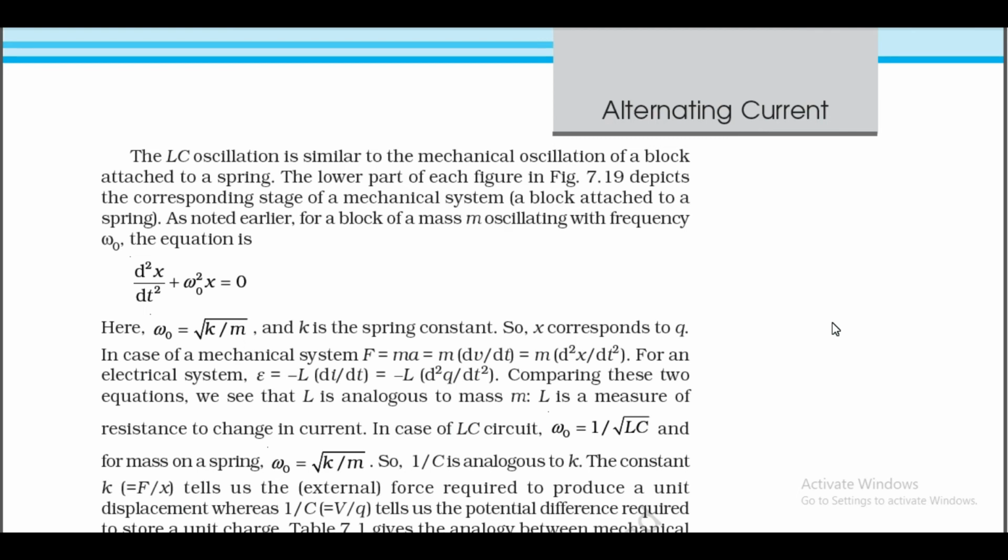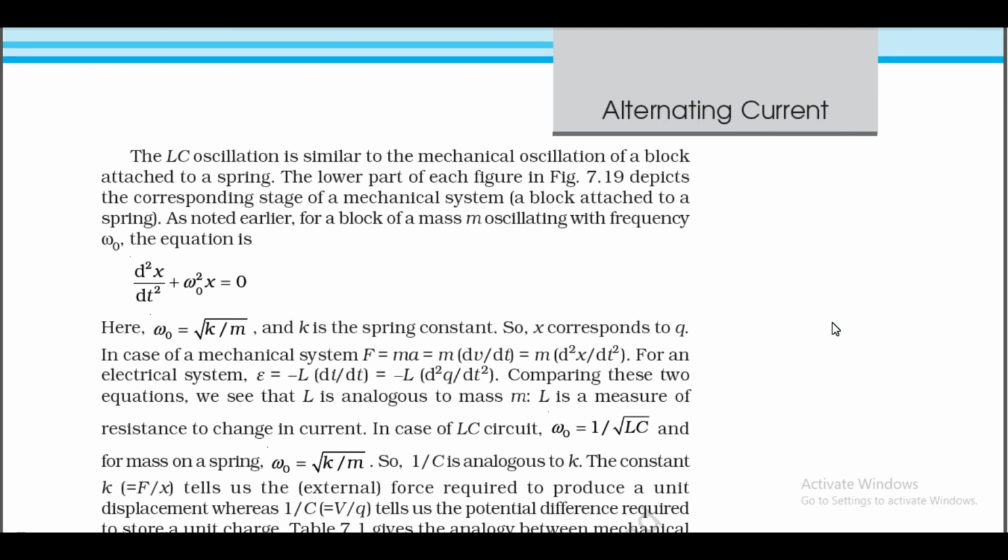The equation is d squared x by dt squared plus omega naught squared x is equal to 0. Here omega naught is equal to root over k by m, and k is the spring constant, so x corresponds to q. In a mechanical system, F is equal to ma, which is m dv by dt, which is m d squared x by dt squared.